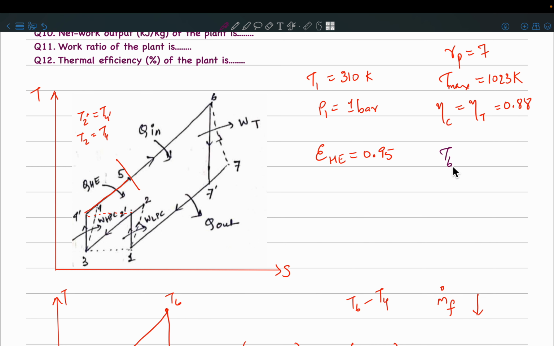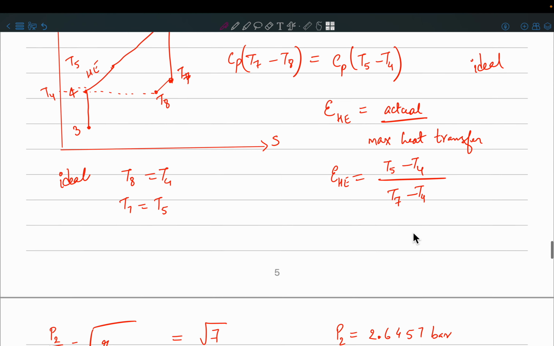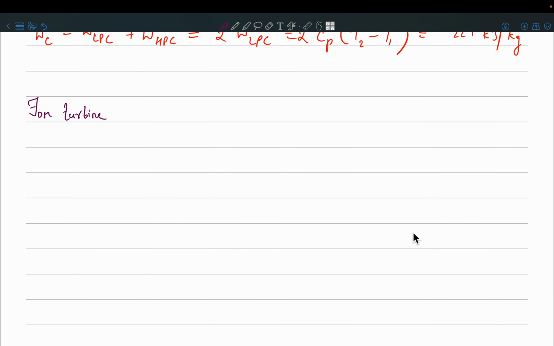So I'll write T6 is equal to 1023 Kelvin here. Now note that we don't have any reheater or anything, so from 6 to 7 there is simply a turbine. Okay, so for the turbine again we can apply this isentropic condition that T6 by T7 prime is equal to (P6 by P7) whole to the power (gamma minus 1) by gamma.